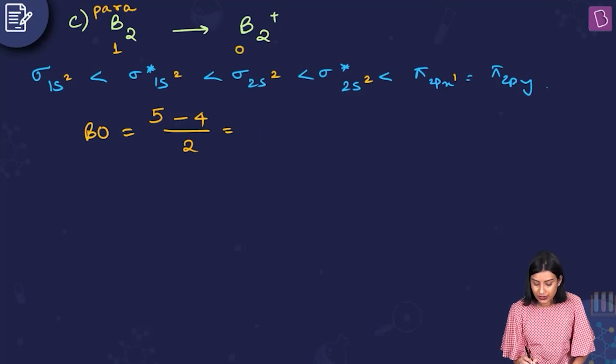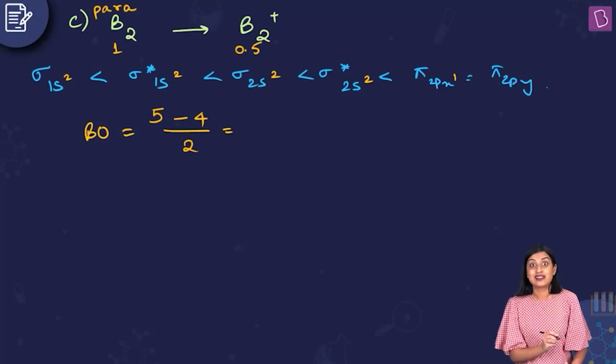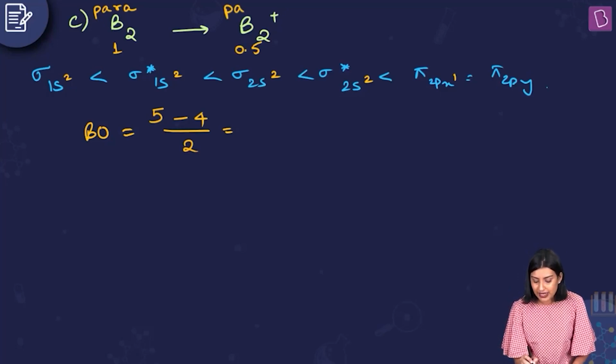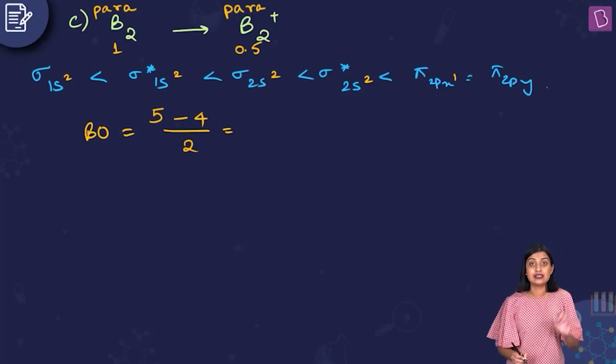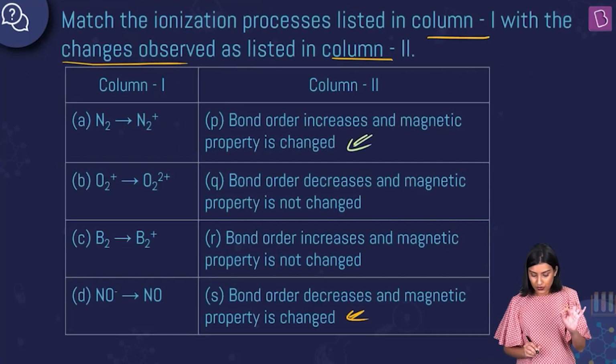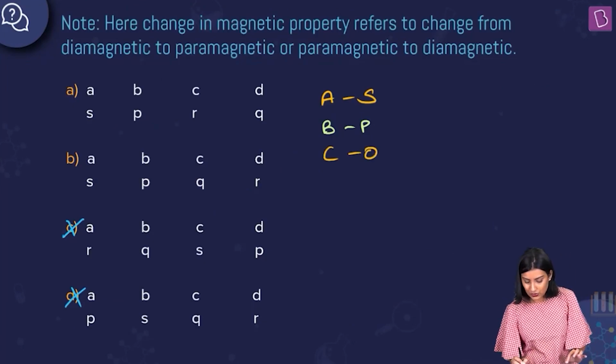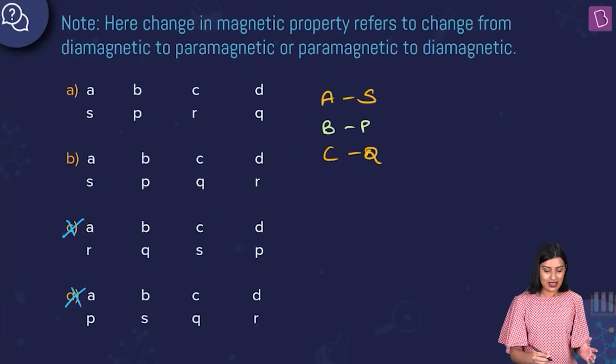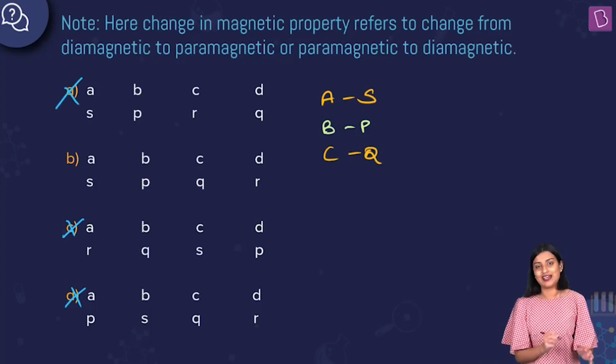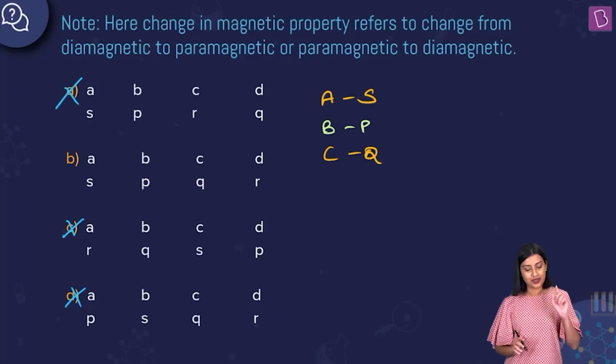It is still going to be paramagnetic in nature. So what do we observe? Bond order decreases, but magnetic behavior is not changed, which is option Q. So C goes with Q, which means I am going to be very happy and I'm going to eliminate option A.